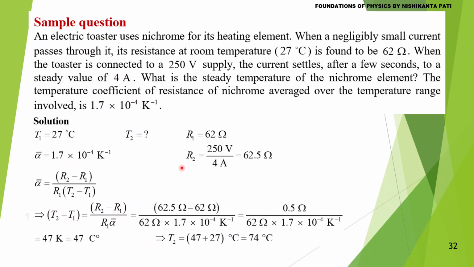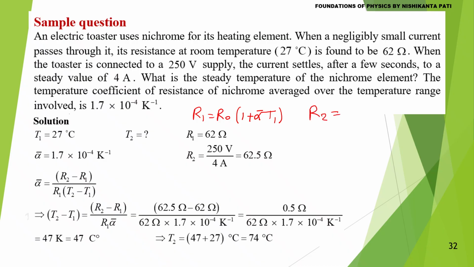Or we can solve this problem in another method. T1 is 27 degrees Celsius. So R1 is R0 into 1 plus alpha T1, where R0 is the resistance at 0 degree Celsius.